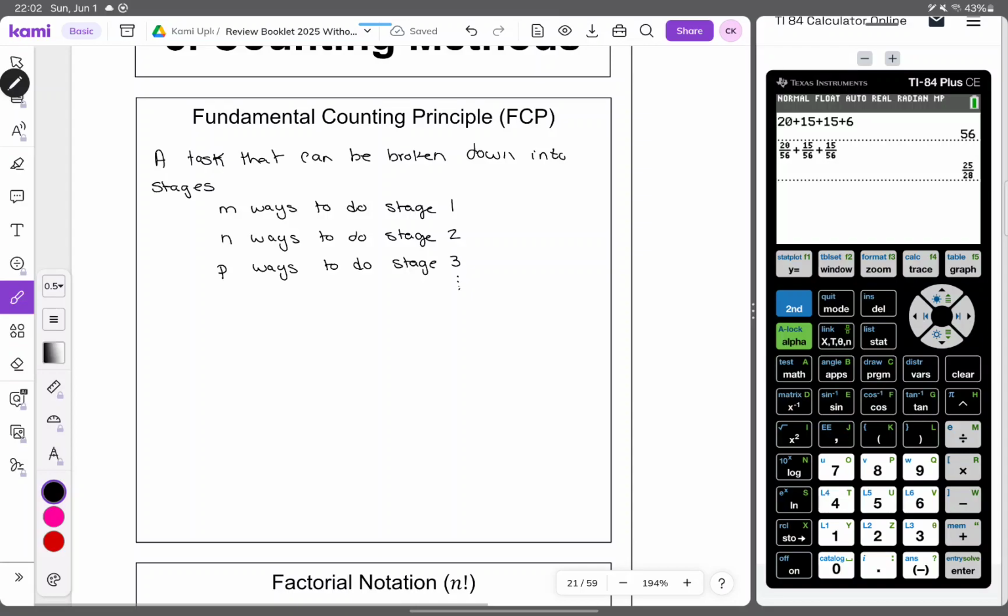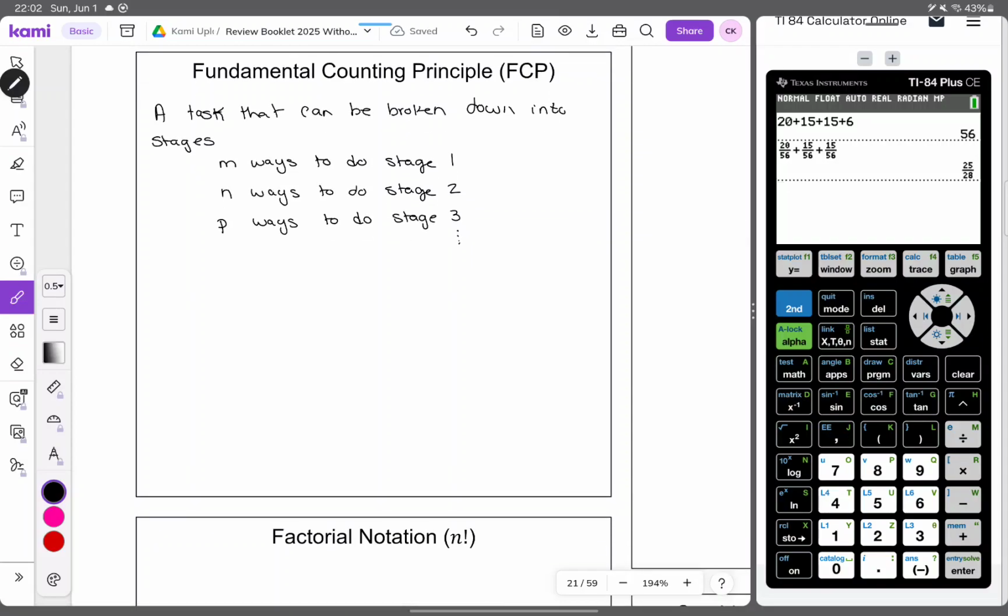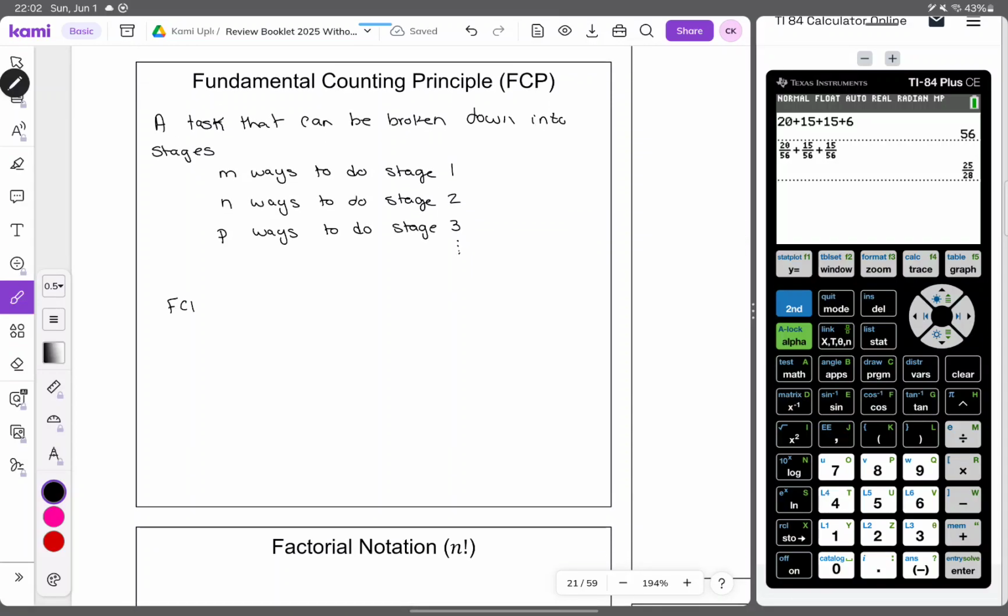And so on and so forth, depending on how many stages we have. Our fundamental counting principle just states that to find your total number of outcomes, you just take your ways to do stage 1, times your ways to do stage 2, times stage 3, times however many stages you have.